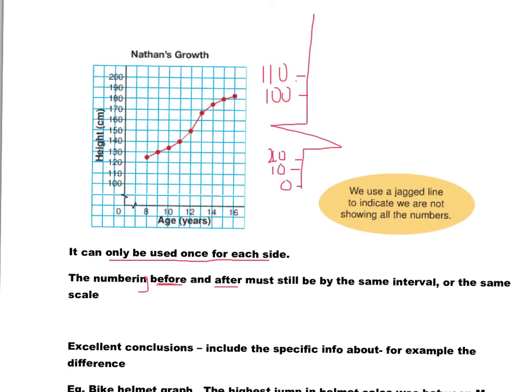That's okay, but I can't down here be counting in fives and then up here count by tens. I have to use the same interval or the same scale. Okay, so there might be instances where you find the break or the jagged line helpful. You're welcome to use it, but again, you can only use it once for each side, and your numbering before and after must still be the same interval or the same scale, so by tens or 50s or 2s or whatever it might be.